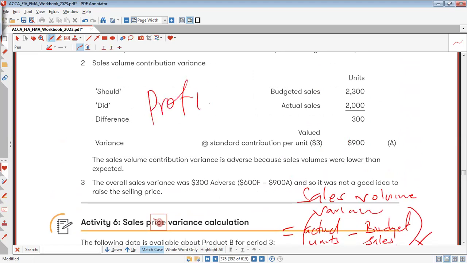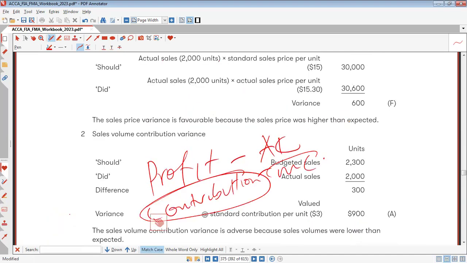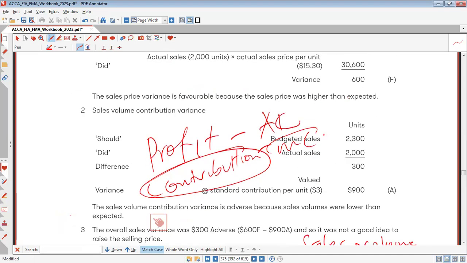If they give you profit, that is absorption costing, so that is what you use. If they give you contribution, that is marginal costing. If they give you both and they say the company uses marginal costing, you can look for contribution. Okay. They do give us contribution, how do we get it? If they don't give us contribution? Yes.